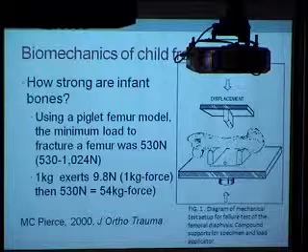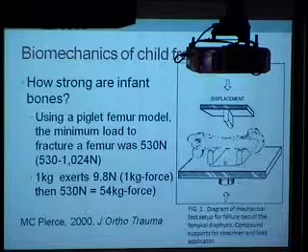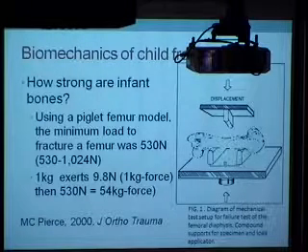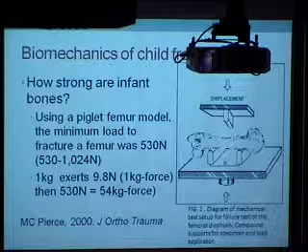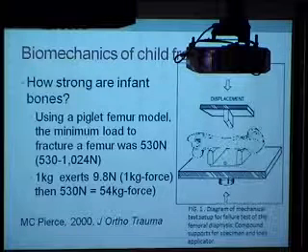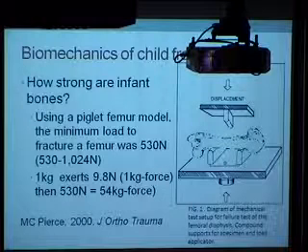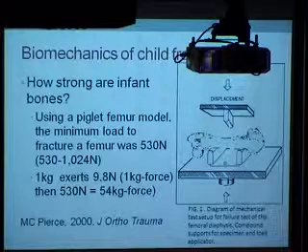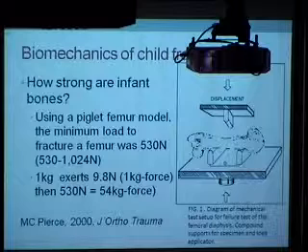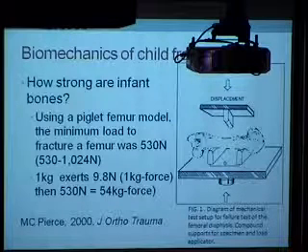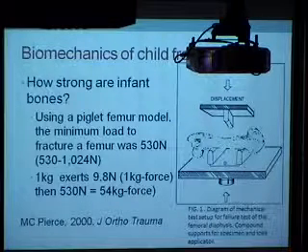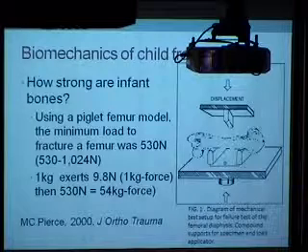And this data correlated well with a much older study that was done, I believe, in Germany that got about the same numbers using human femurs of infants. So I think her data is correlating with a very old study that was done a while ago. So the bottom line is, at least femurs we know are not weak bones in infants.